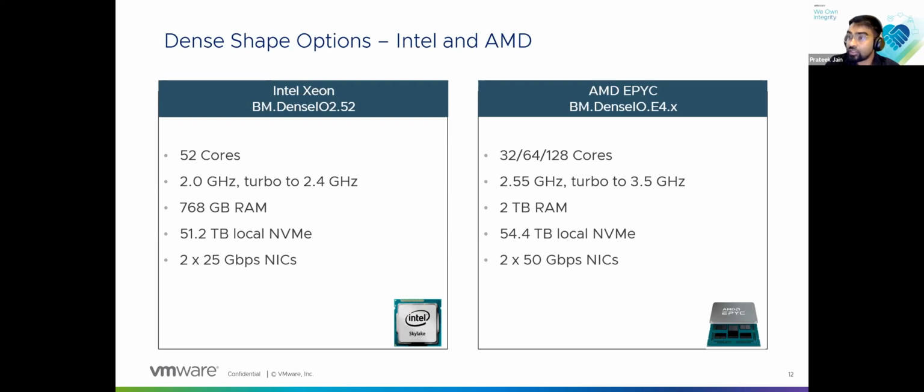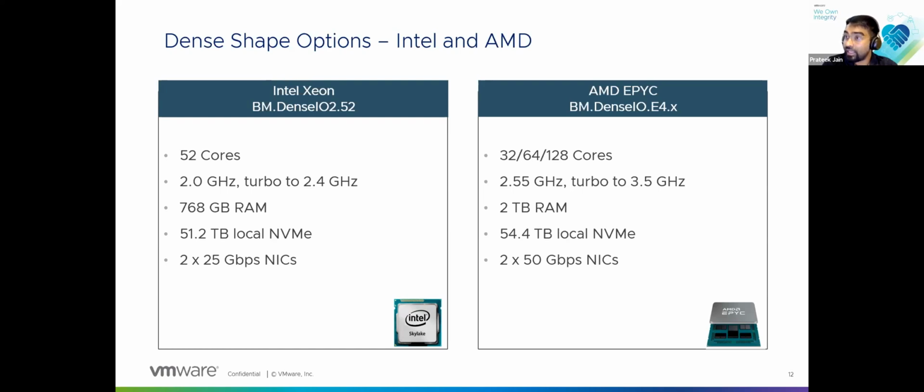Then we have AMD shapes. Oracle is the only hyperscaler as of today providing AMD shapes. AMD shapes are available in 3 variants: 32 cores, 64 cores, and 128 cores. The 128 core node is the largest size node available. Each of these nodes has 2 terabytes of memory and 54.4 terabytes of local NVMe storage.